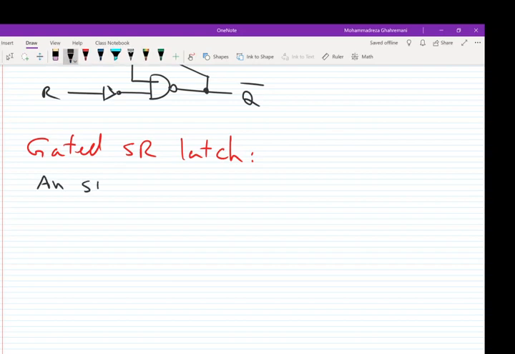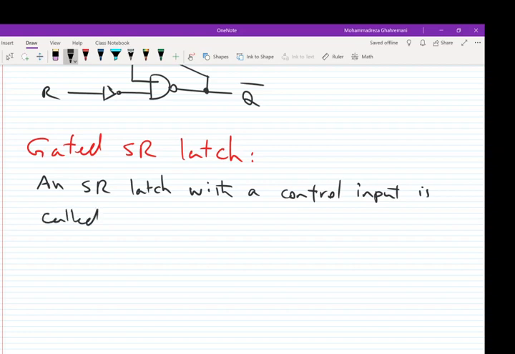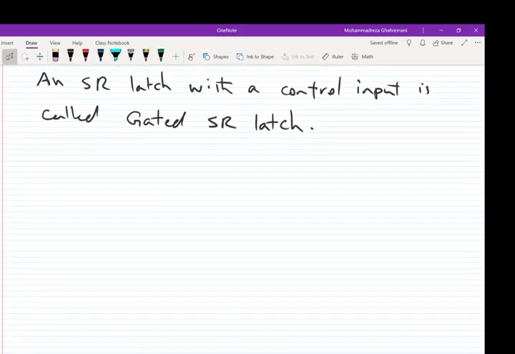An SR latch with a control input is called a gated SR latch. Okay, so here is the circuit for the gated SR latch.